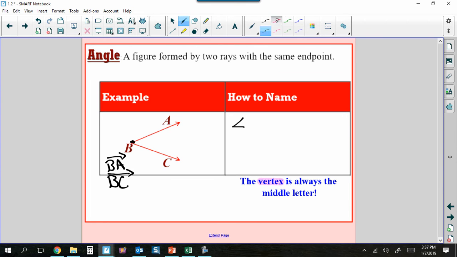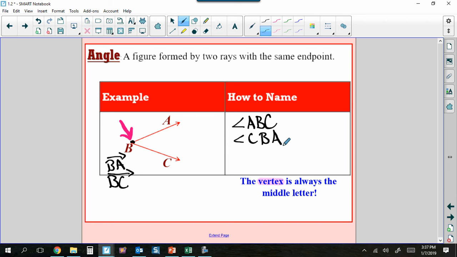In this case, it's going to be letter B. So we are going to name this angle, angle ABC. Just like with lines and segments, you can name this in any order as long as the vertex is in the middle. So angle CBA is also an acceptable way to name this.